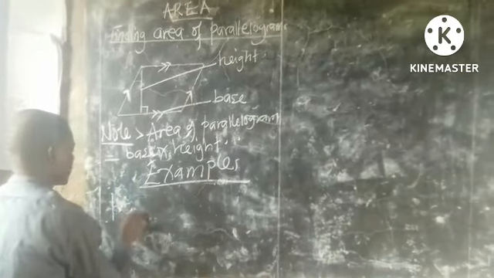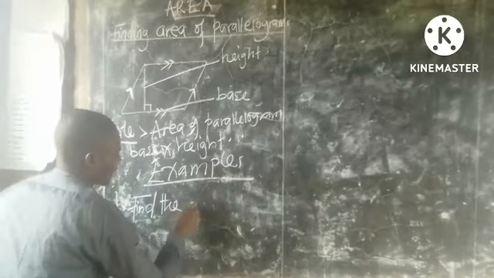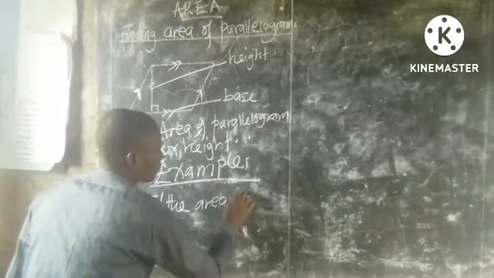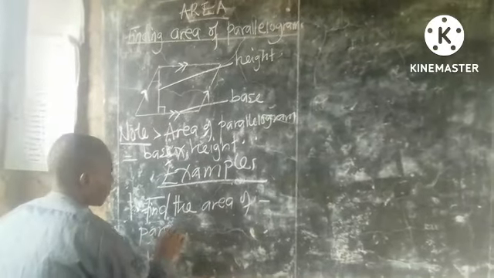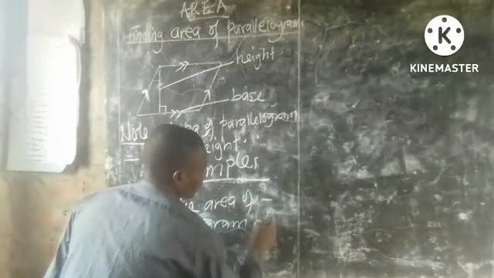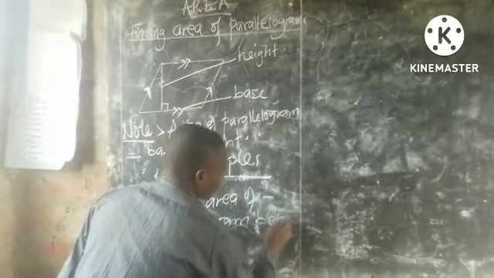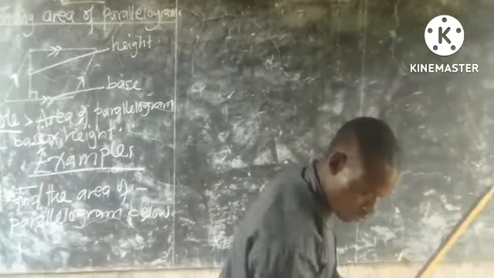Example 1 is saying: find the area of the parallelogram below. So this is the parallelogram being drawn for us on the chalkboard.